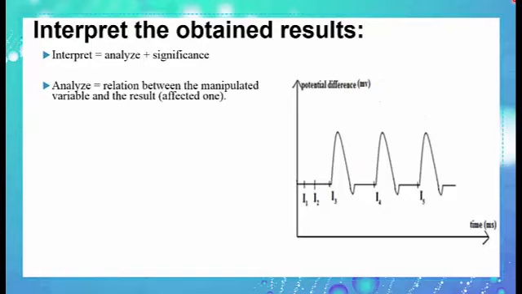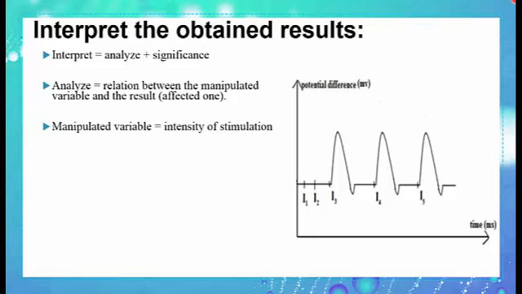Now we have to interpret these results. Interpret means we have to make an analysis, then a significance. But the analysis of this curve of potential difference is not like the analysis of a line graph. The analysis is a relation between the manipulated variable and the result.